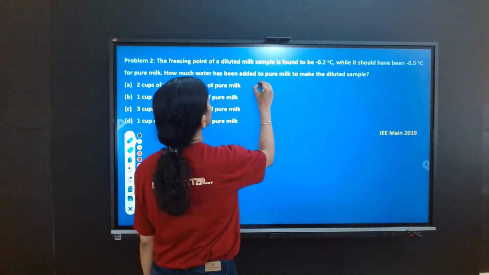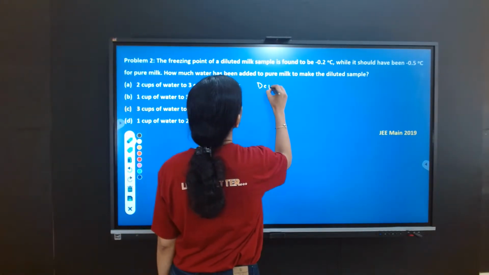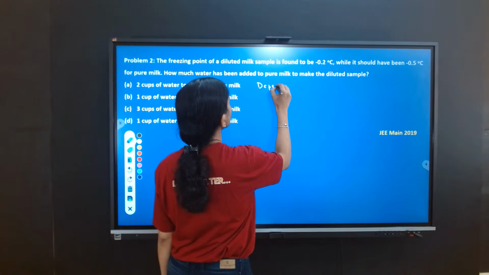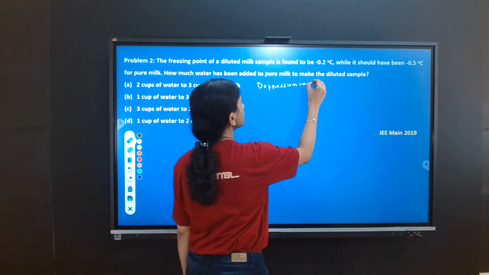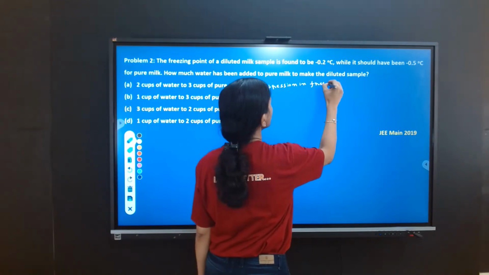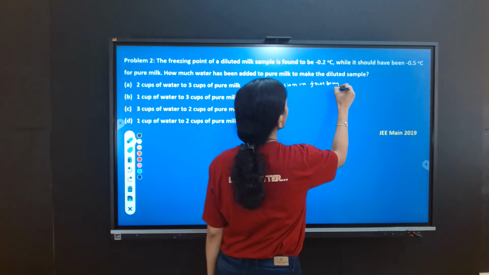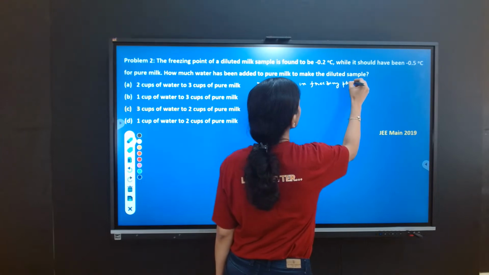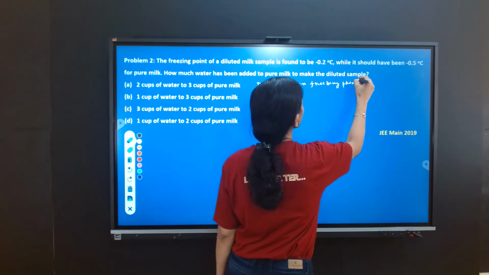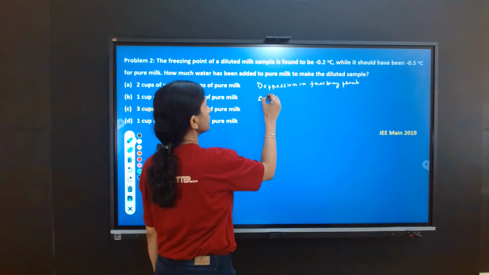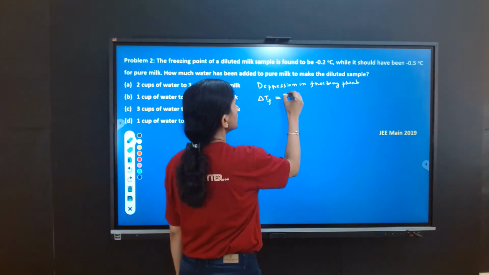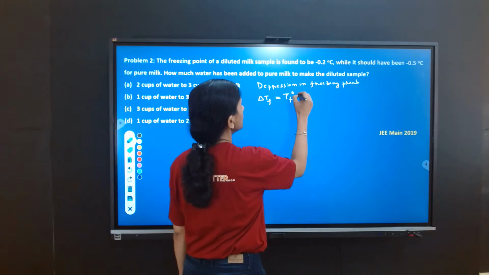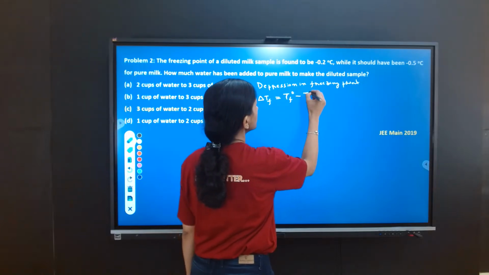So we know that the depression in freezing point, that is delta TF, can be written as TF0 minus TF.